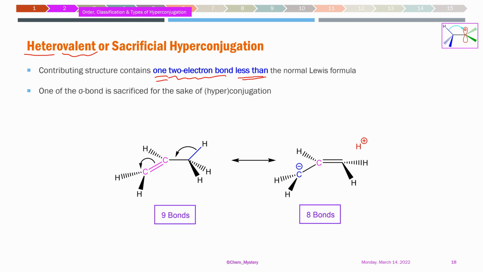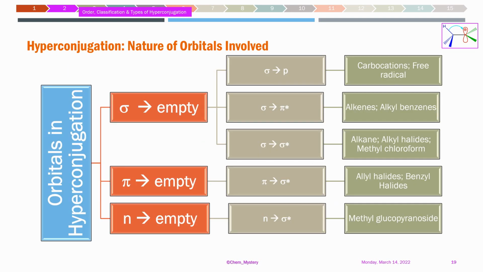Just to have an idea how these kinds of examples look. We have the first example where we have the carbon sigma to p conjugation, the sigma p hyperconjugation, when that's taking place. We have the examples of carbocations and radicals.